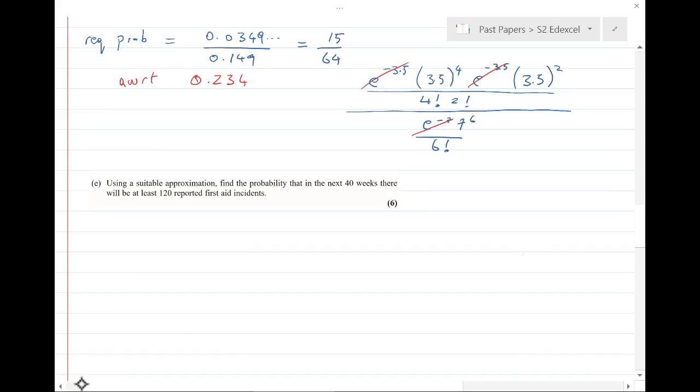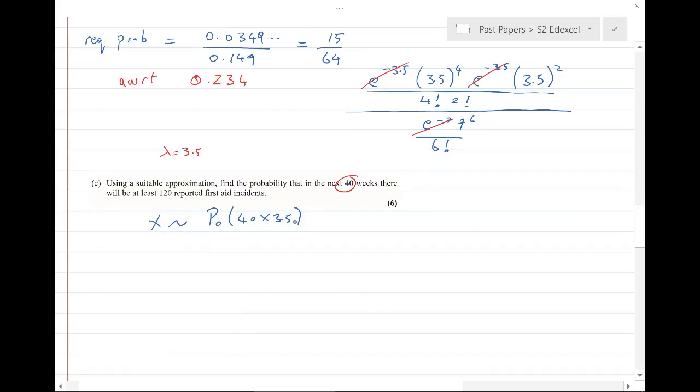Well, there is only one approximation that we know for the Poisson. Remember the 1 week rate, feels a while ago now, was lambda equals 3.5. So we want 40 weeks, so we multiply that by 40. So we're looking at Poisson with 40 times 3.5.